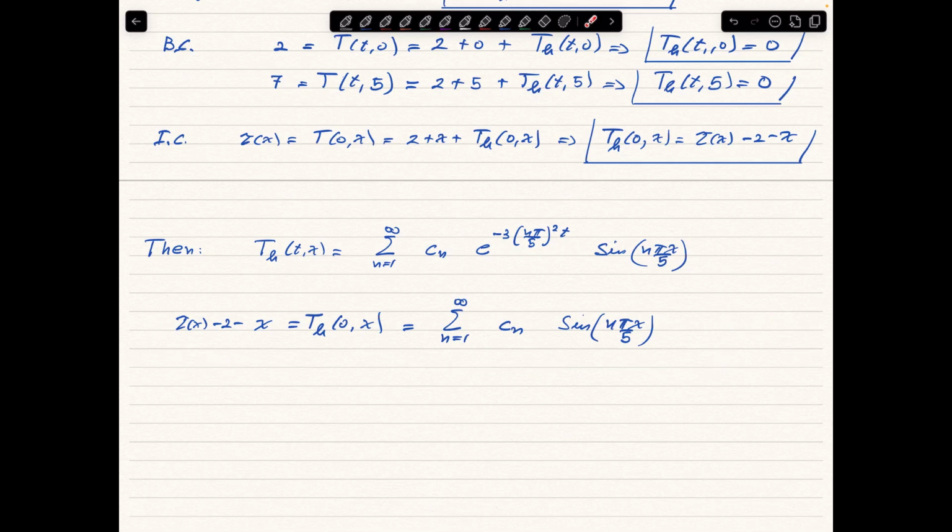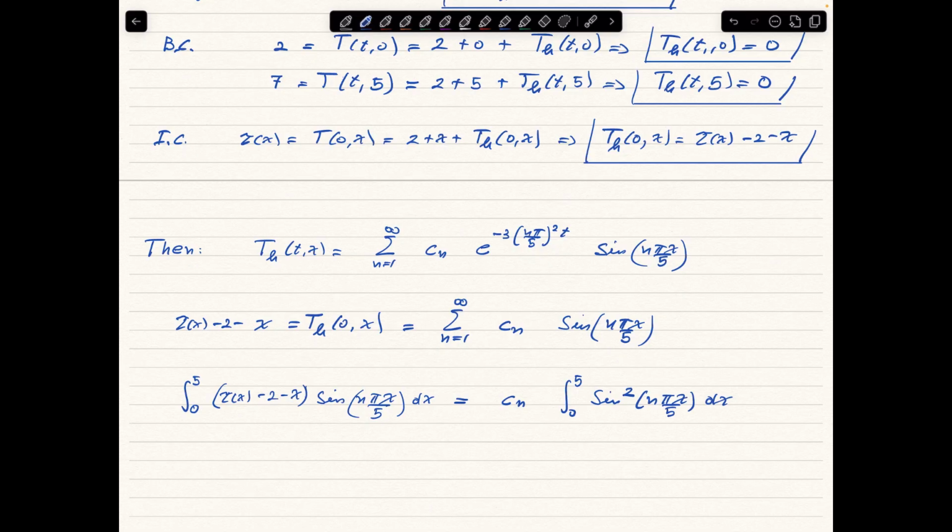Because the sines of n pi x and m pi x are orthogonal, we are going to get an equation of the form: the integral from 0 to 5 of tau of x minus 2 minus x multiplied by the sine of n pi x over 5 dx has to be equal to only the coefficient Cn times the integral from 0 to 5 of sine squared of n pi x over 5 dx.